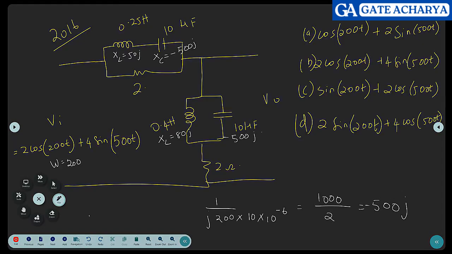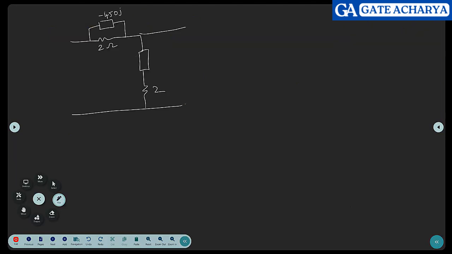So it will be 500J parallel with 80J. I'm just talking about 2 cos 200t.